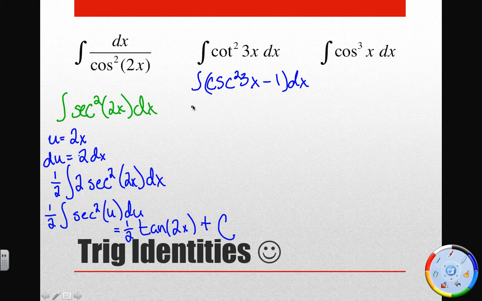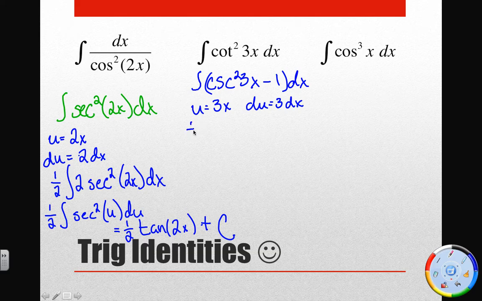And here I'm going to say u is equal to 3x. So du is equal to 3 dx. I know something about cosecant squared minus 1, but I don't know anything about cosecant squared 3x minus 1. So that I'm going to substitute.